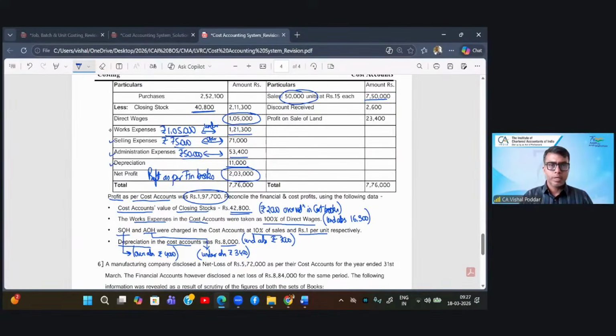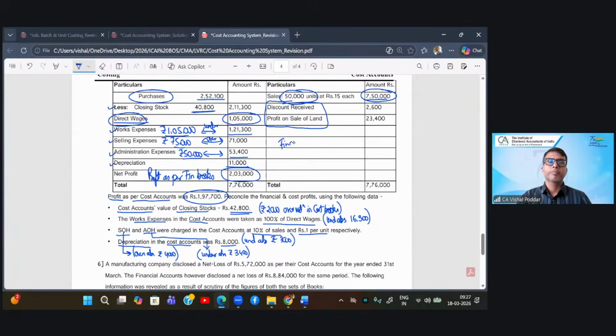So all these are done. Now, direct expenses and purchases have no adjustments. Since purchases will be actual, that is the same in costing books. Direct wages also, if nothing is given, we will treat it as the same in costing books. Same is with sales. Sales will also be the same. Now, both these figures, what are these?